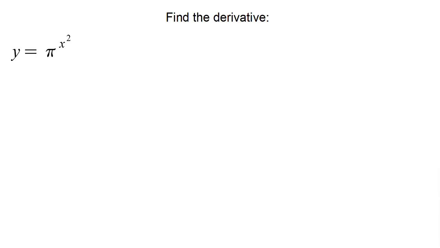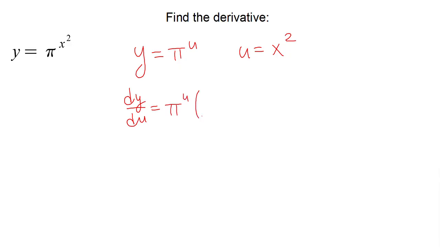For number 13 here, we've got pi to the x squared. Well, pi is just a constant, so this is in the form of a to the u, where u is x squared, and pi is equal to a. So our derivative here for the y term, dy/du, should just be pi to the u times the natural log of pi.